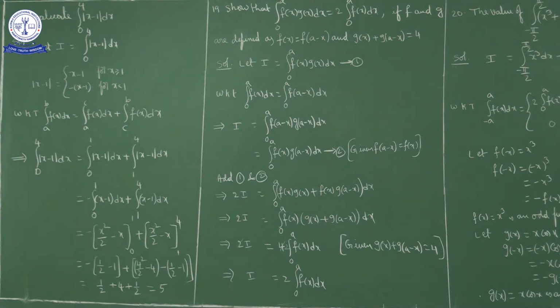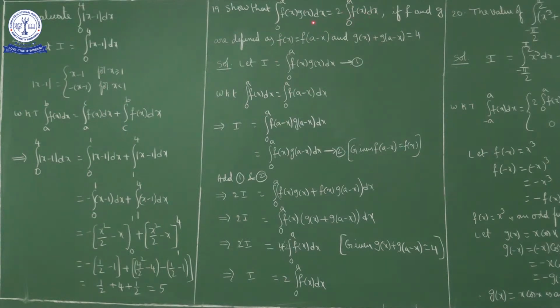Now here two conditions are given: f of a minus x is equal to f of x, and g of x plus g of a minus x is equal to 4. We have to prove that integral 0 to a f of x into g of x dx equals 2 times integral 0 to a f of x dx.